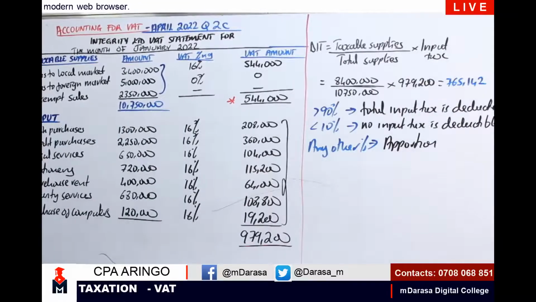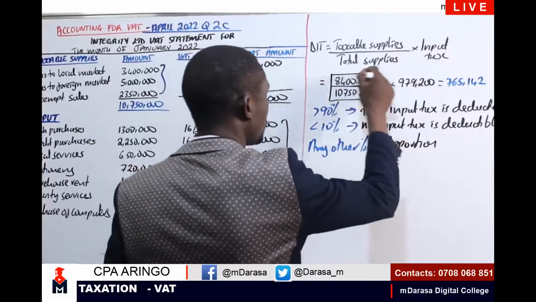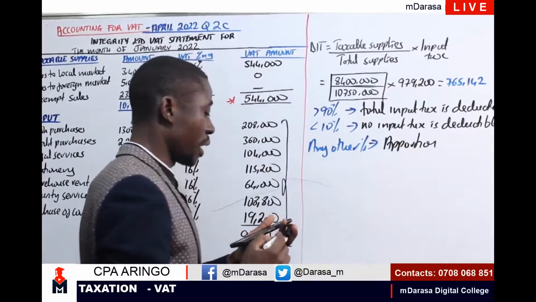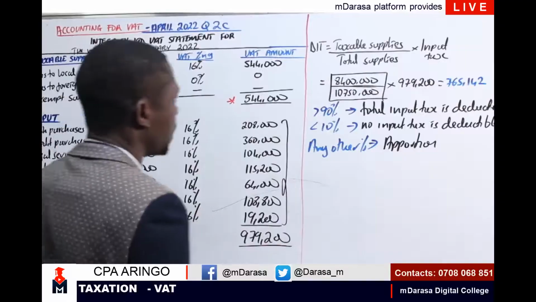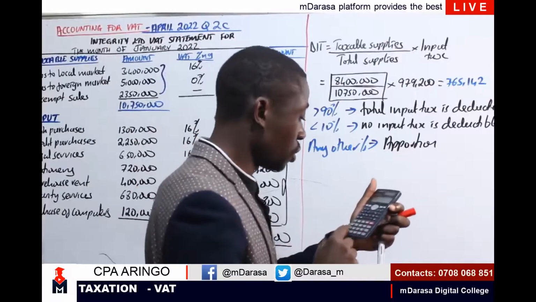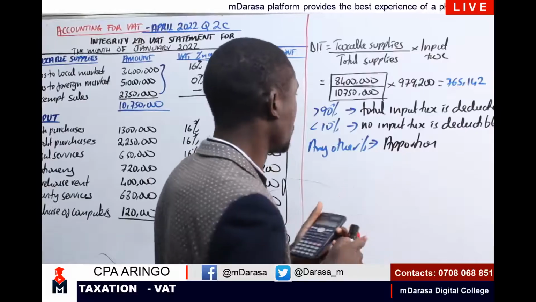So, in this case of ours, my good students, let us determine what percentage our fraction is. If I take 8.4 and divide by 10,750, what am I getting?